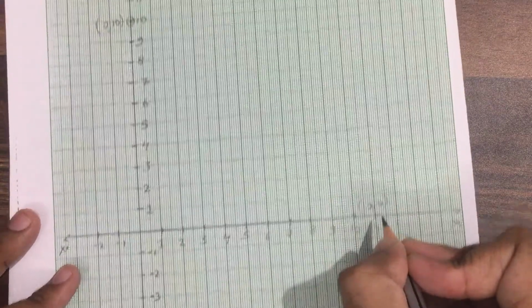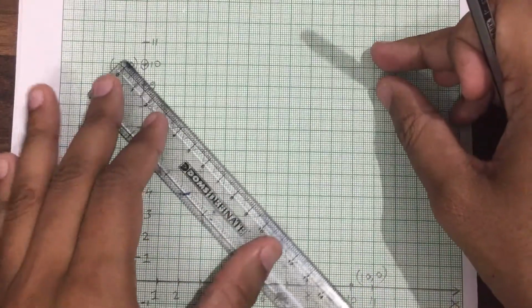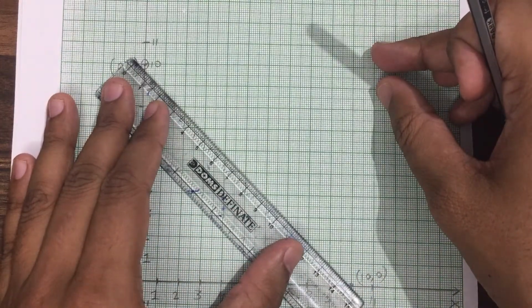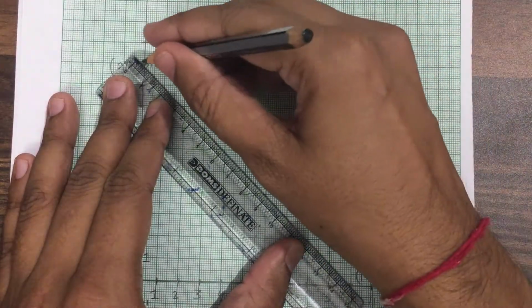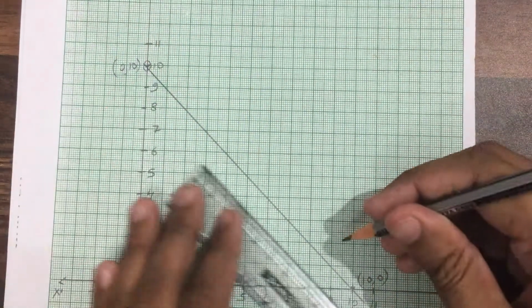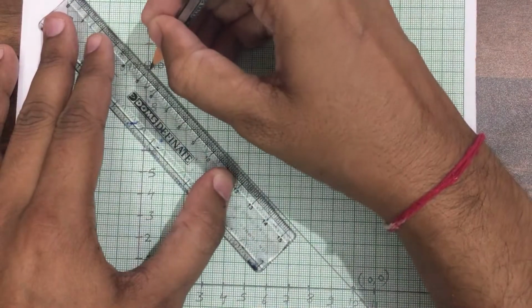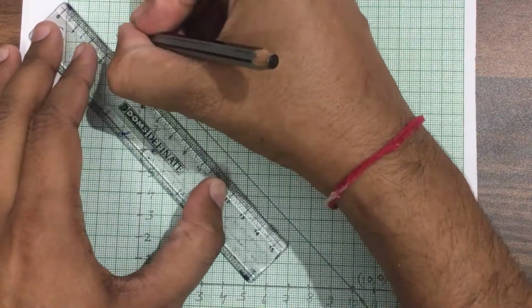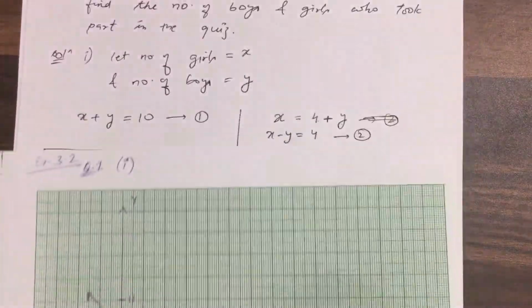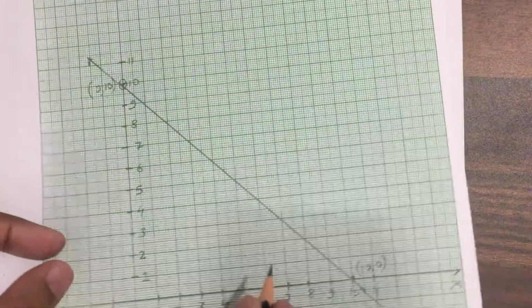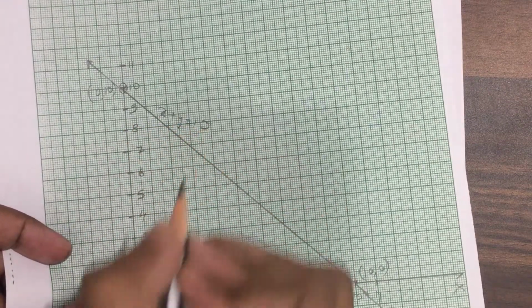Then we will join them. Write the equation of the line also: it is x plus y equal to 10.